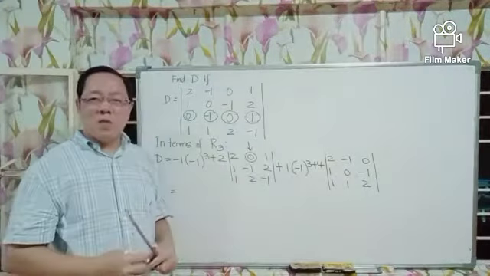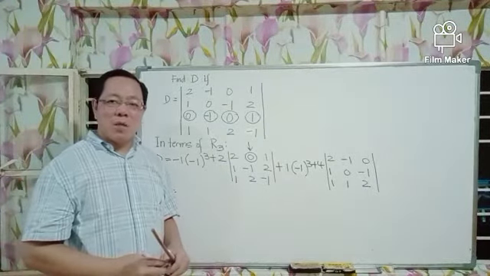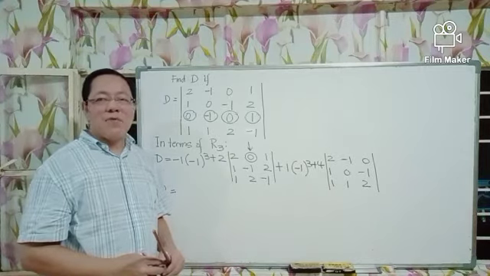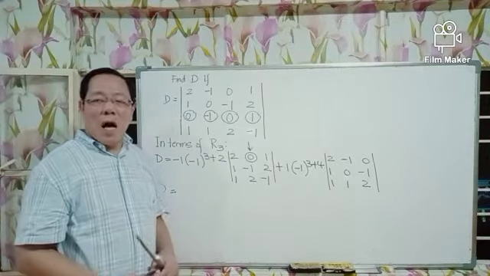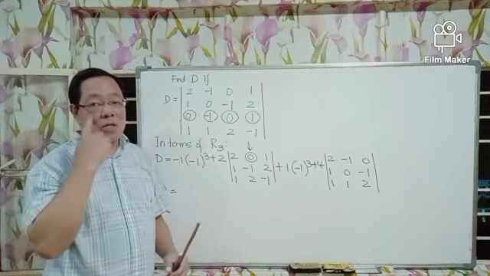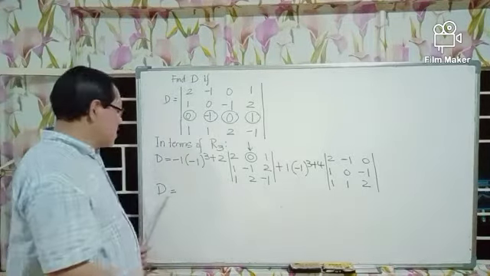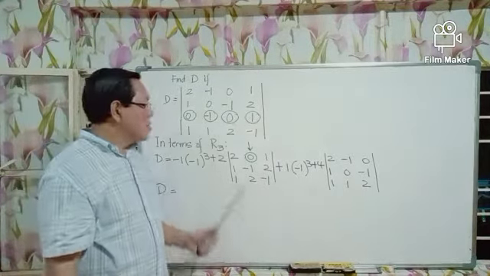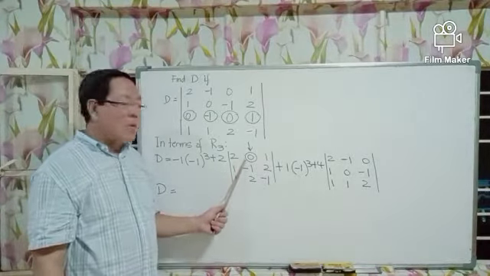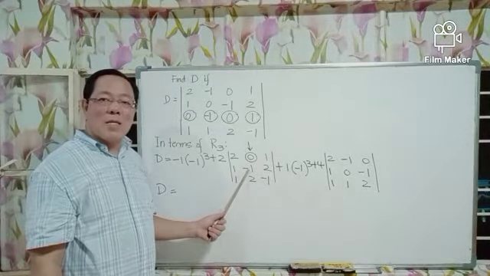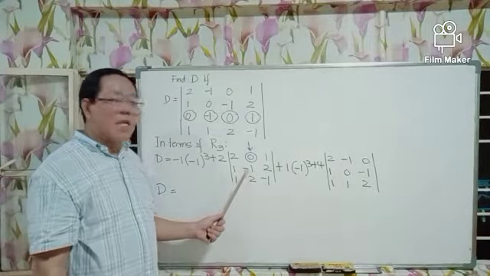But again, 0 multiplied by its cofactor is 0. And 0 has no effect to the other terms. If you add 0 to the other terms of the value of the determinant, the 0 has no effect. So we skip 0 and we start with the first non-zero entry in the second column, which is negative 1.